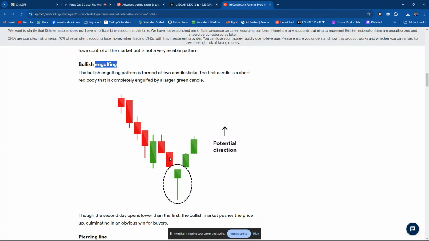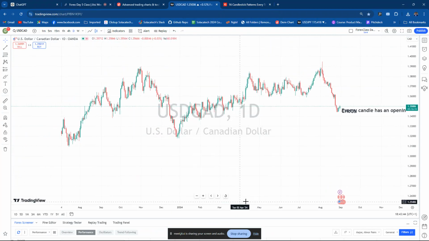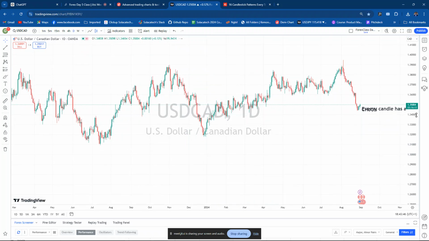So there must be a bearish candle, there must be a long candle. Either of the two, it can be bearish, but the engulfing is the one that sells. Let me show you in the chart. Let's see what this is.